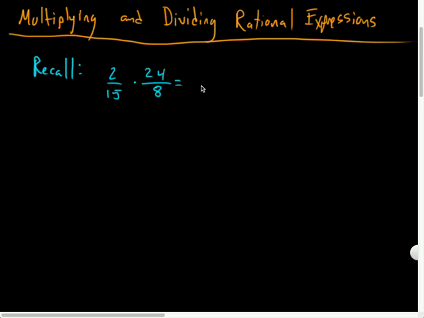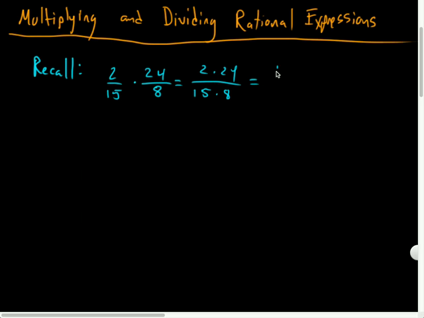But if I multiply these, what's the general approach? Yeah, perfect. I would multiply the tops and I'd multiply the bottoms. So I'd multiply 2 times 24, I'd multiply 15 times 8, and I just write it as one big fraction.